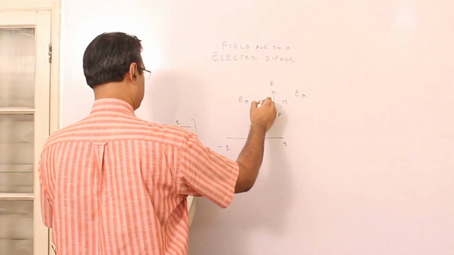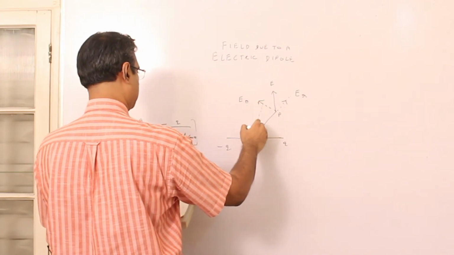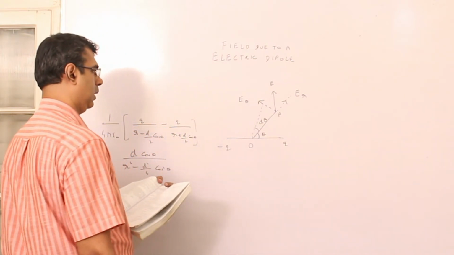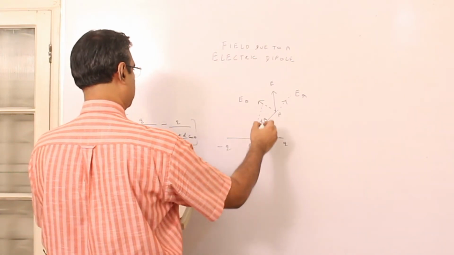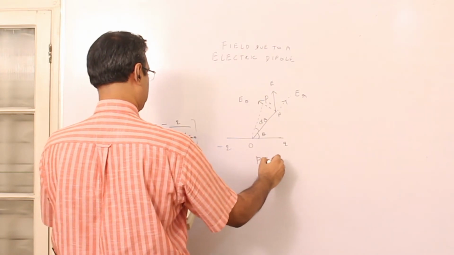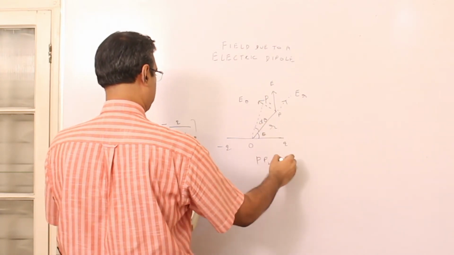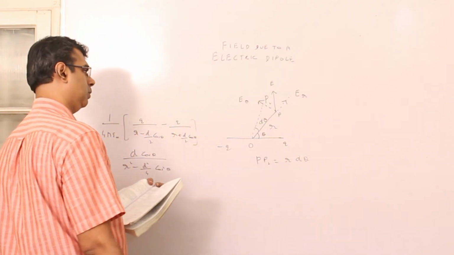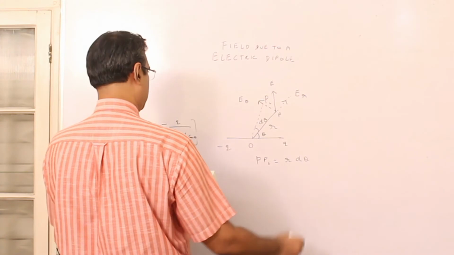Now if you consider a small change of angle D theta, in that case if you call this point P2, then PP2, OP is R, it will be R into D theta. So PP2 will be R into D theta.